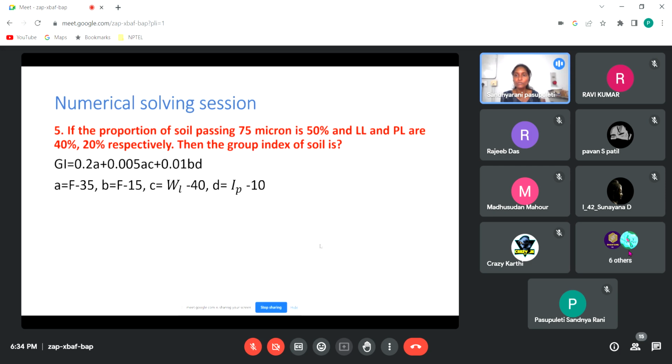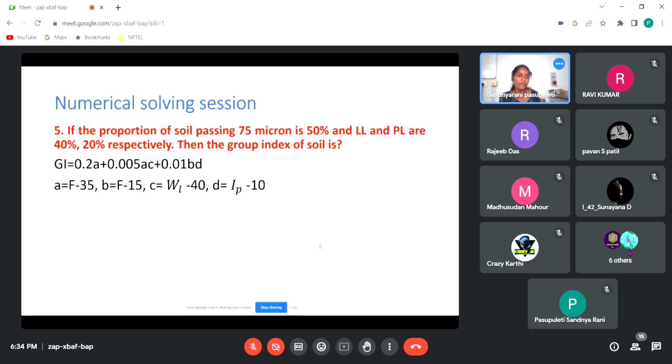Liquid limit is 40%, and the group index is 0.2 into A plus 0.005 into AC plus 0.01 into BD. So here you already know how to calculate the A, B, C, D also. This is extremely easy.